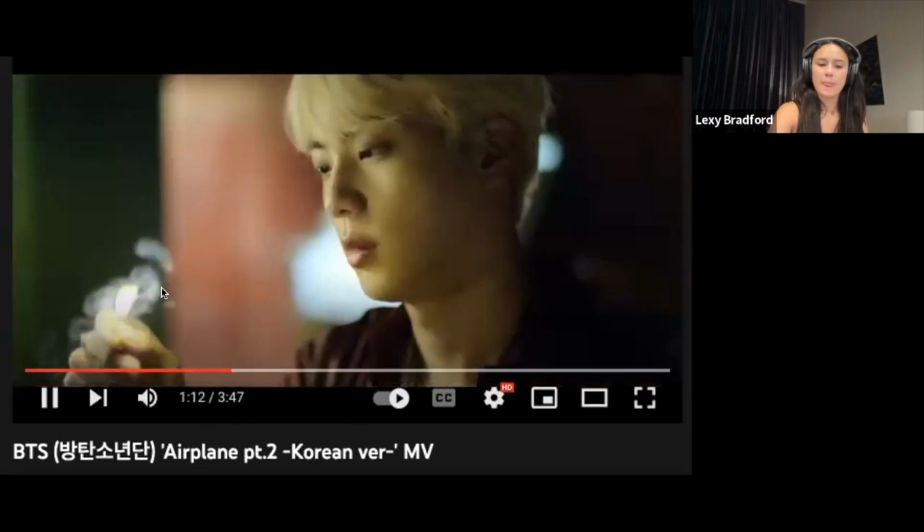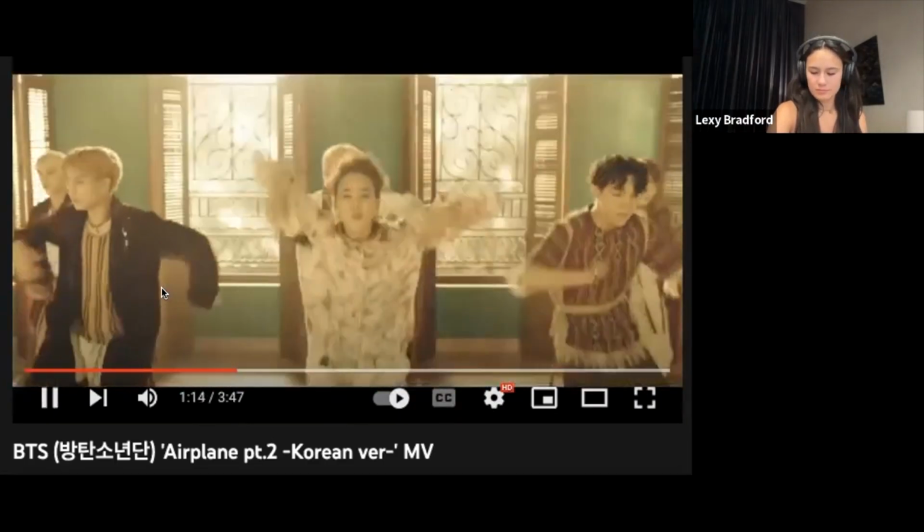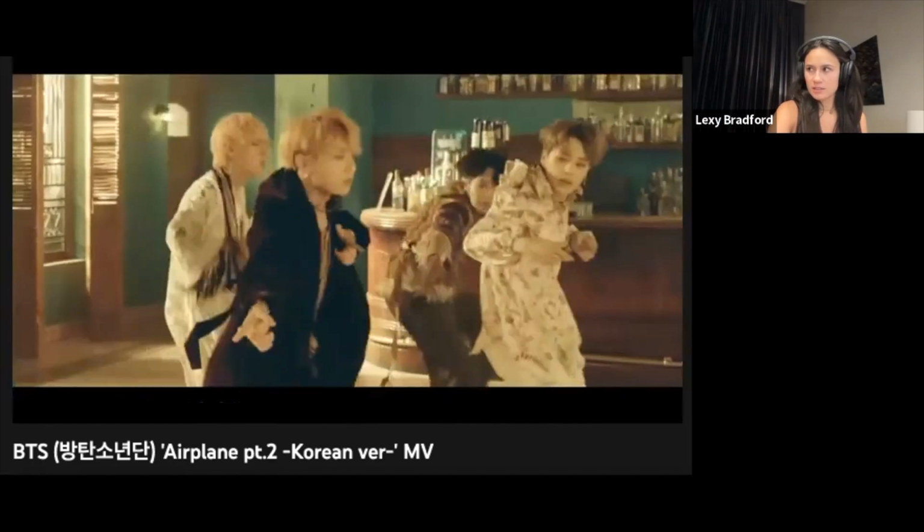So they have a high melody going, or a high harmony going. I think it's going up there. So you have that one, and then you also have a little bit lower.